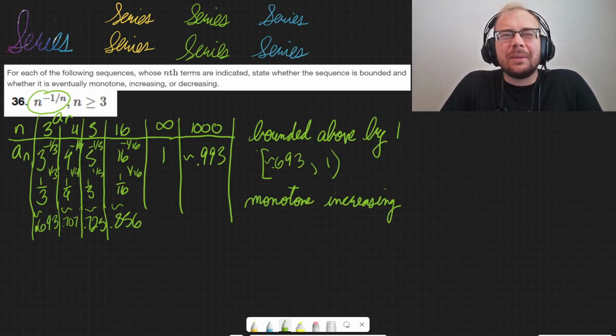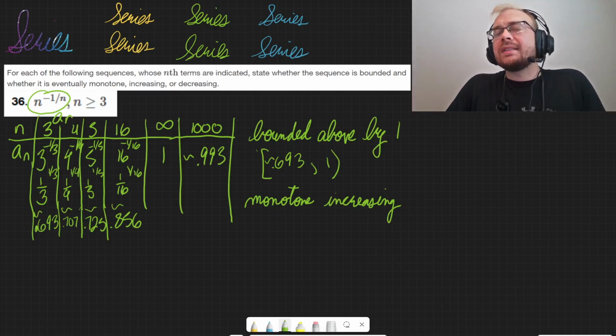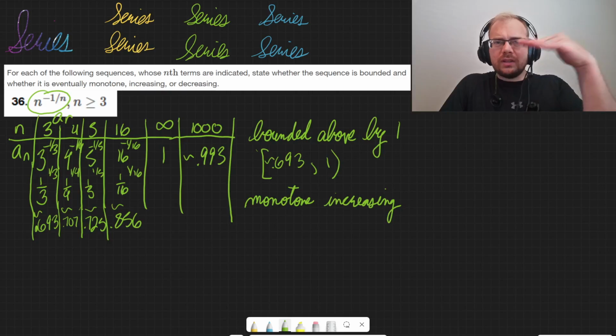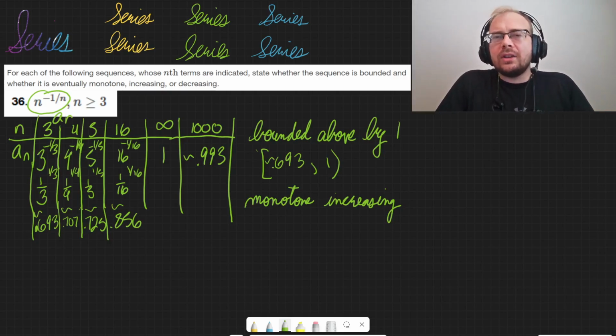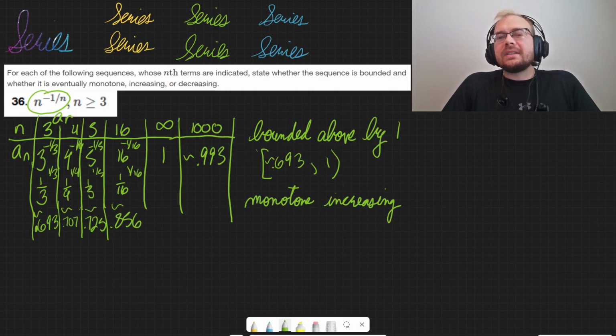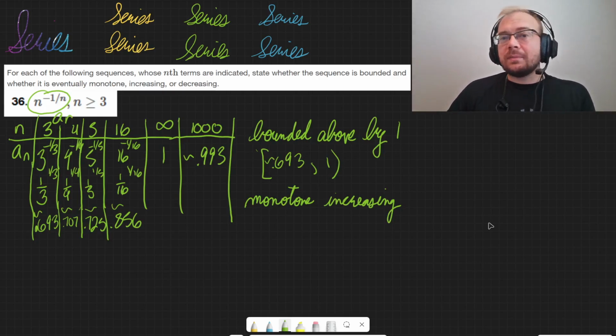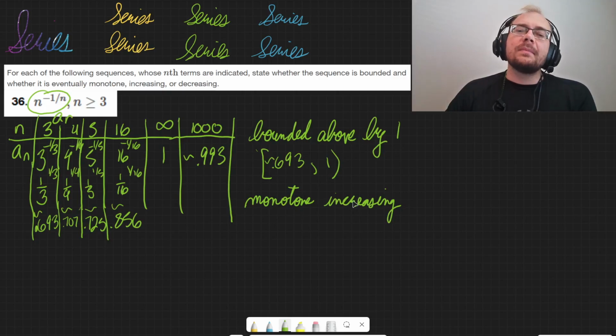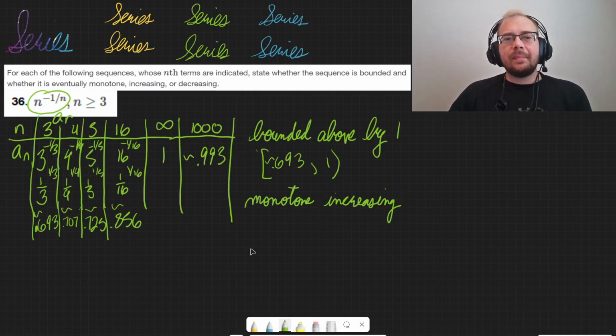Typically, there's a couple other cases I think where it might be stagnant, but a constant would be the most obvious option. It's just a horizontal line graph. That would be monotone stagnant, or at least that's what I would call it. But typically, it's always going to be increasing or decreasing if it is monotone at all. So it is monotone and it's monotone increasing, and that about does it for this video.